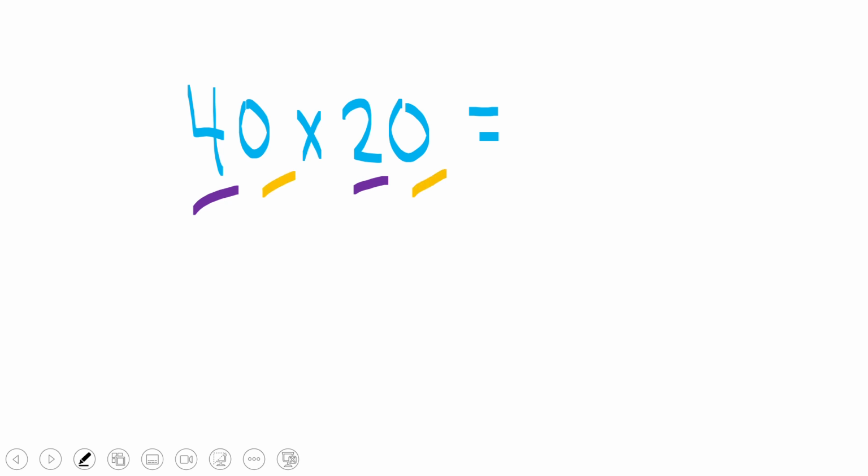So let's do that process. 4 times 2 is 8. 1, 2 zeros that we're going to place after the 8 for our final answer from our factors. 40 times 20 is now 800.